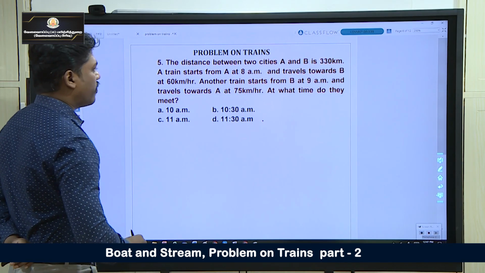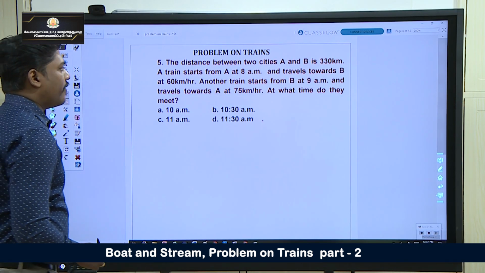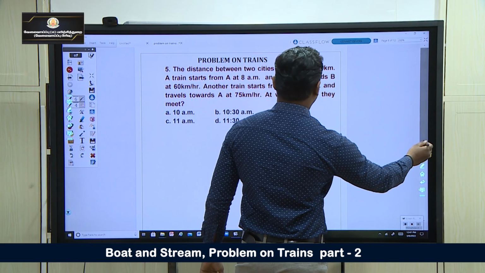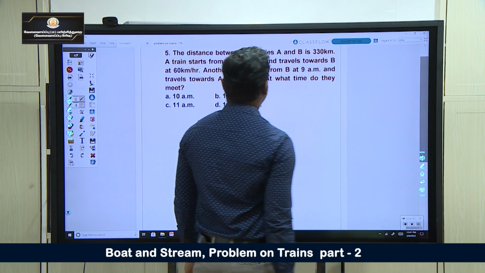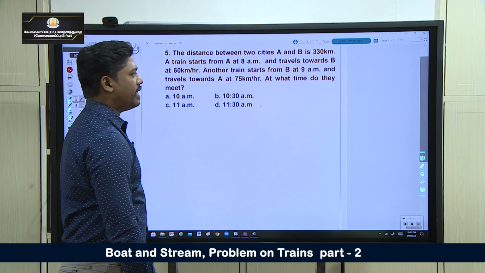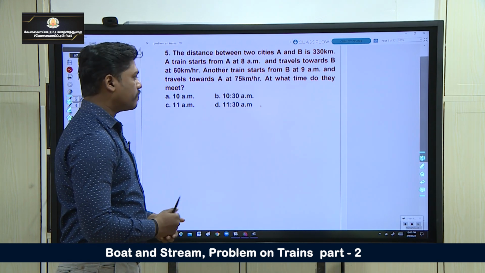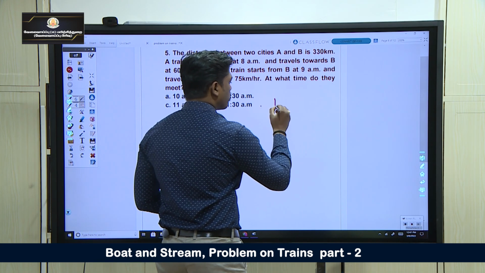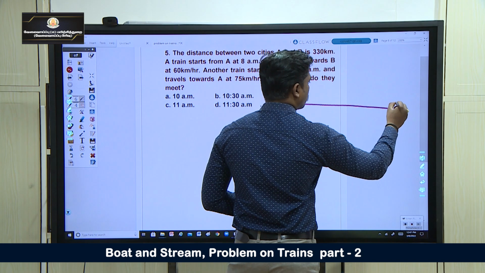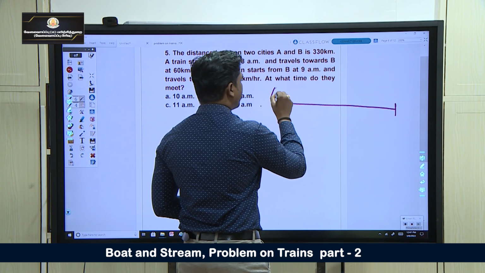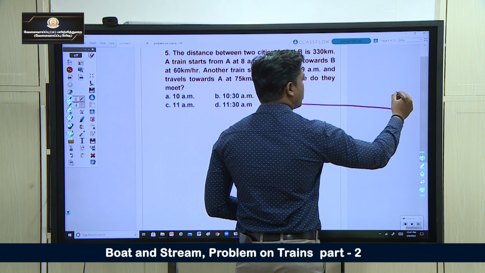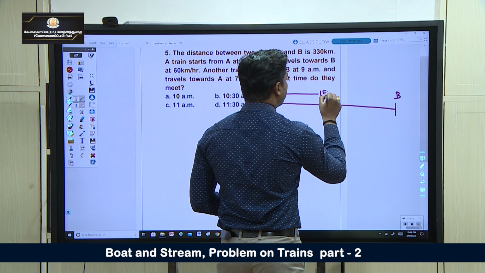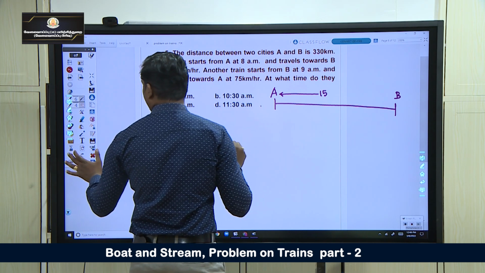Look at question number 5. We are given the distance between two cities. Take these as city A and city B. The distance between the two cities is 330 kilometer.